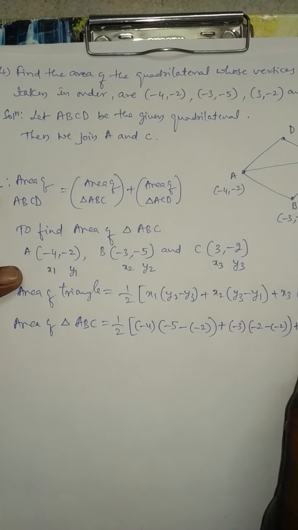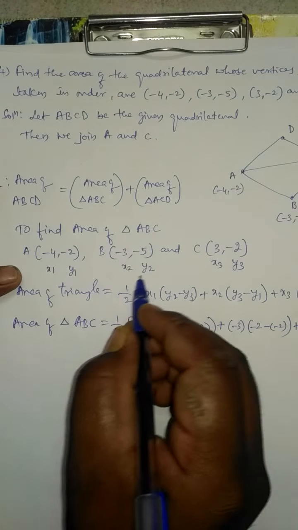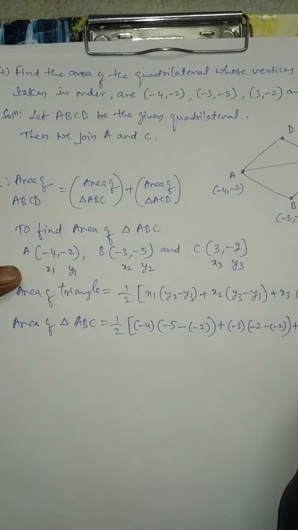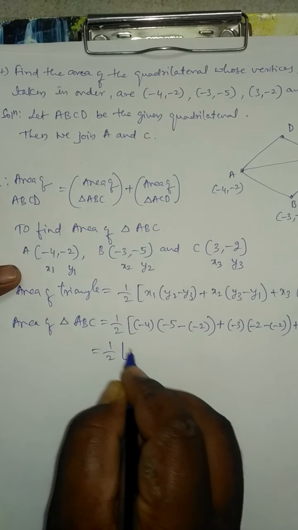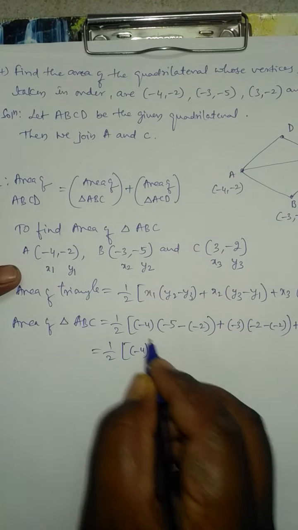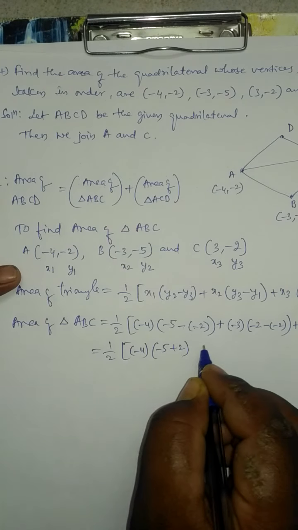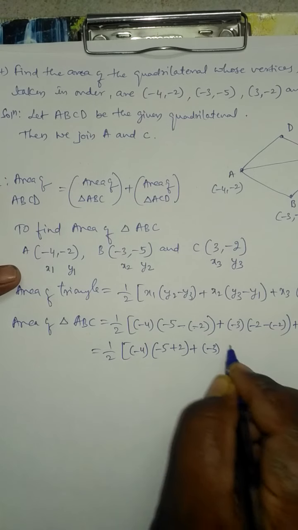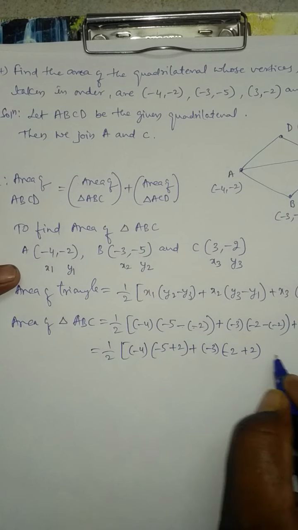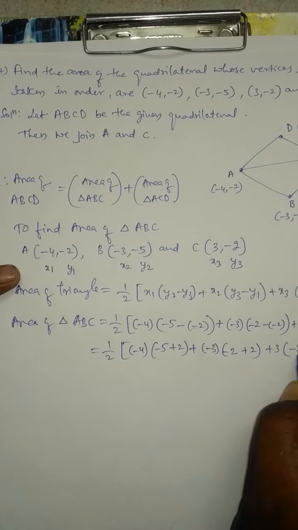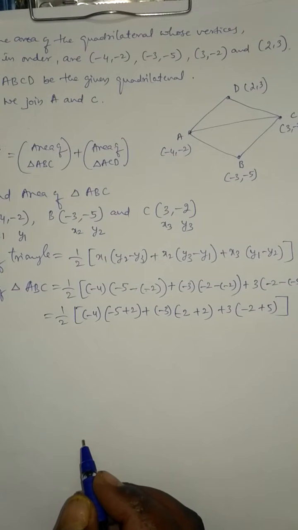Then plus x3 is 3, y1 is minus 2, minus of y2 is minus 5. So we have to simplify very carefully because so many negative values are there. So this minus 4 as it is, minus 5, minus into minus plus 2, plus this minus 3 as it is, here minus 2, minus into minus plus 2, then this 3 as it is, here minus 2, minus into minus plus 5. We have to close this.